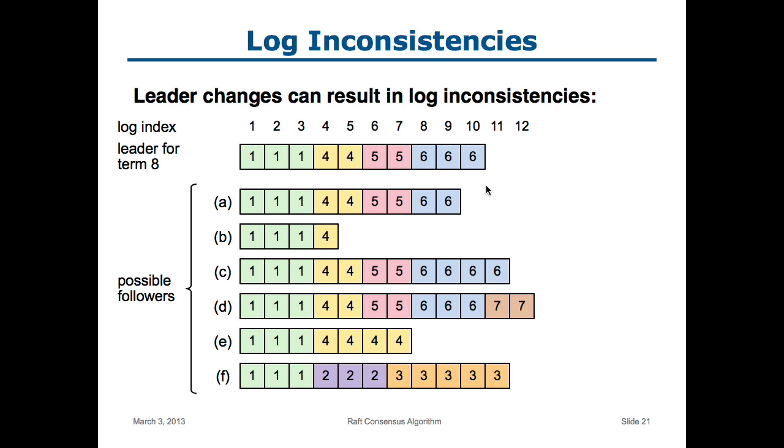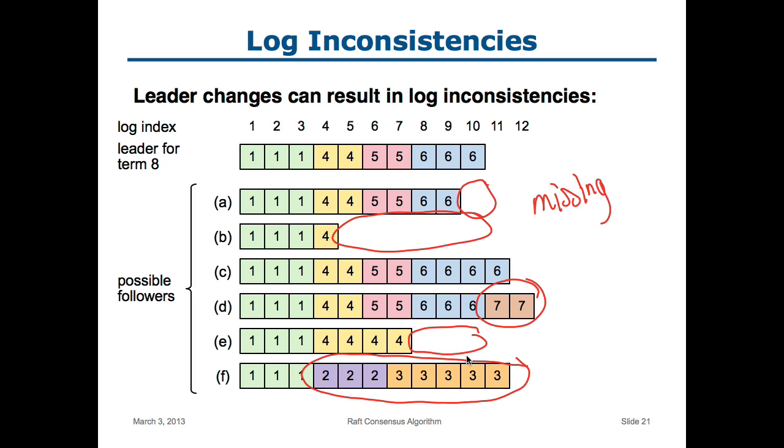It's possible that followers can be missing entries that the leader has, such as in this case for followers A and B here, or also for follower E. And followers can also have extraneous entries not present on the leader, such as these entries for term 7 over here, the entries for terms 2 and 3 at the bottom, an extra entry for term 6, and so on. So what we have to do is get rid of all the extraneous entries from the follower logs and then fill in all of the missing entries from the leader's log.